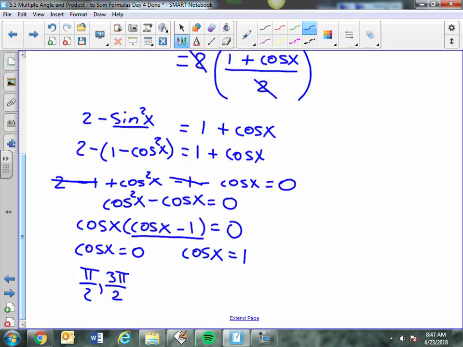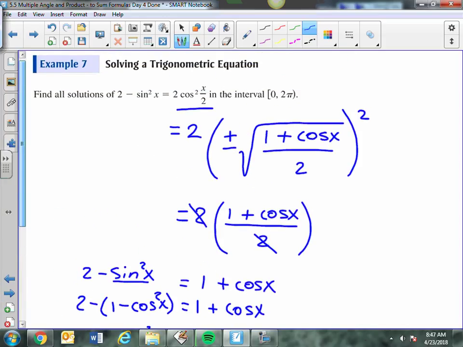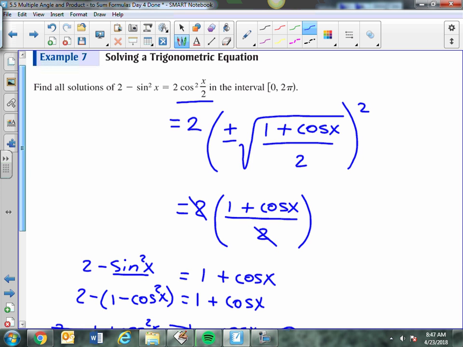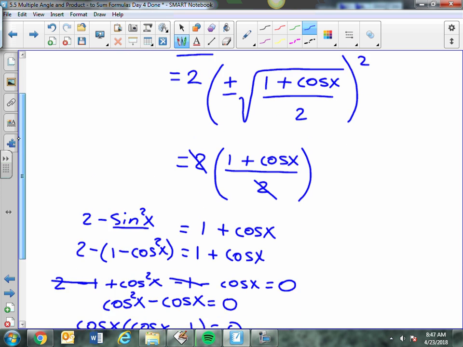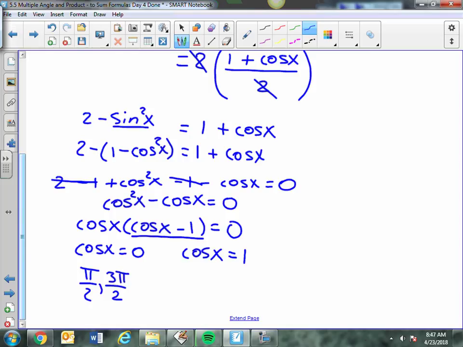Then you check where it equals 1. To determine whether to put 0 or 2 pi, go back to your interval. Notice how you can have 0, but you can't have 2 pi, because it is an open parenthesis at 2 pi, so I write 0. You have 3 answers here: pi over 2, 3 pi over 2, and 0.